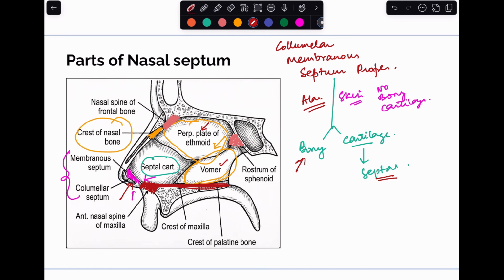Minor contributions are the crest of the nasal bone, nasal spine of the frontal bone, the rostrum of the sphenoid, crest of the maxilla, crest of the palatine, and the anterior nasal spine of the maxilla. This is the complete answer when you are asked about the different parts of the nasal septum. Do not jump directly into the bony and cartilaginous parts because that is what our instinct tells us to do.